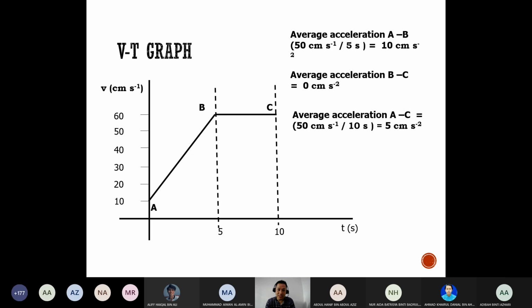So the delta V is 60 minus 10, which is 50 cm, and you divide by 10 because of A to C. So the average acceleration A to C is 5 cm per second squared, and the average acceleration A to B is 10 cm per second squared. I think it is straightforward.